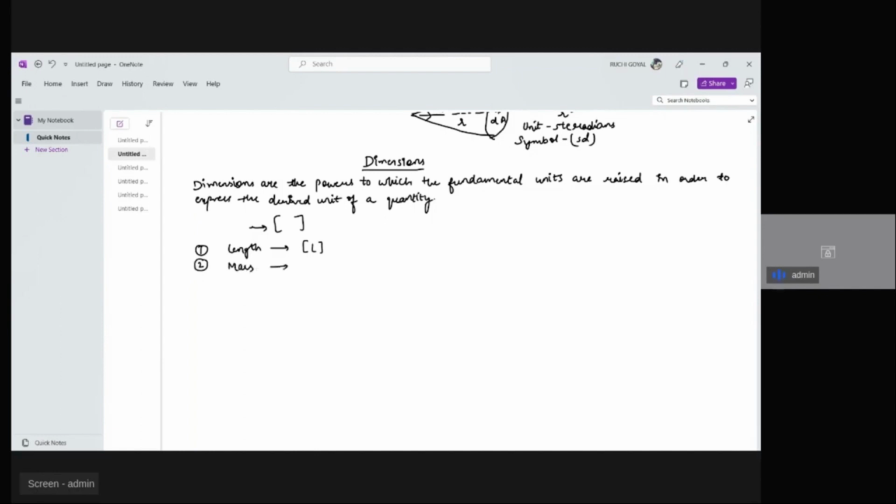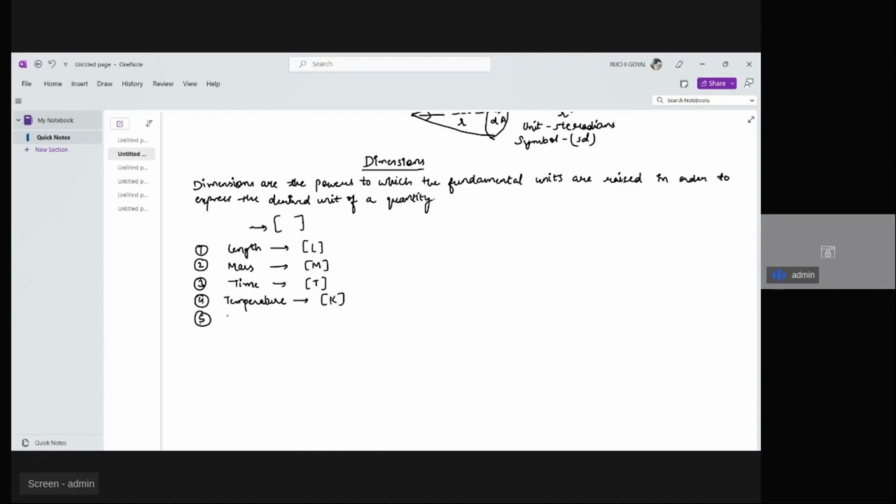Mass is denoted by M. Third one is time. Time is denoted by T. Next one is temperature. Temperature is denoted by K.